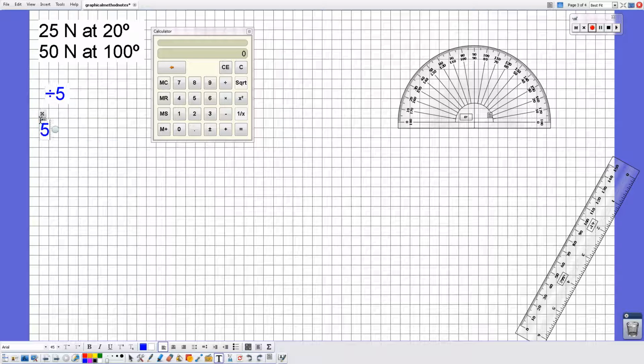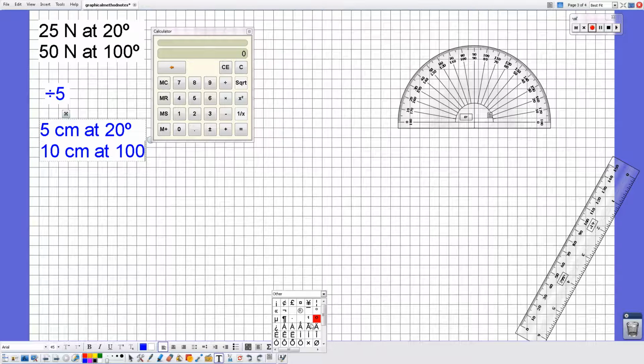That means that I'm going to have 5 centimeters at 20 degrees. And I'm going to have 10 centimeters at 100 degrees.